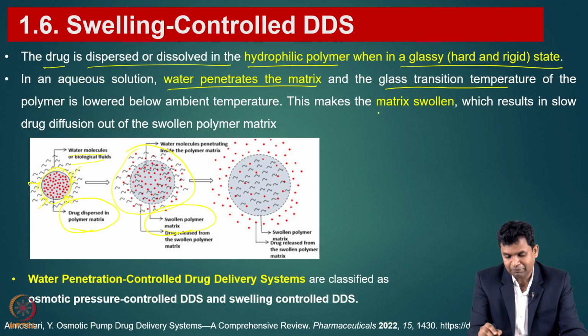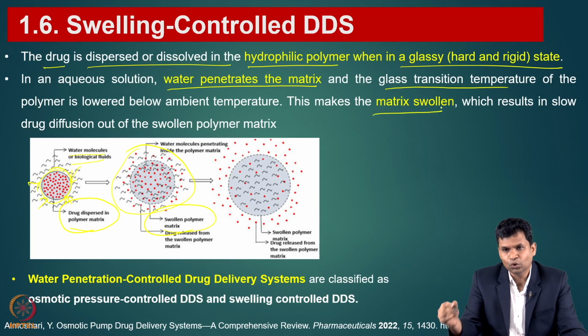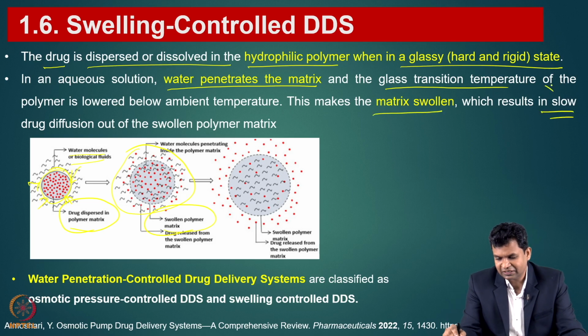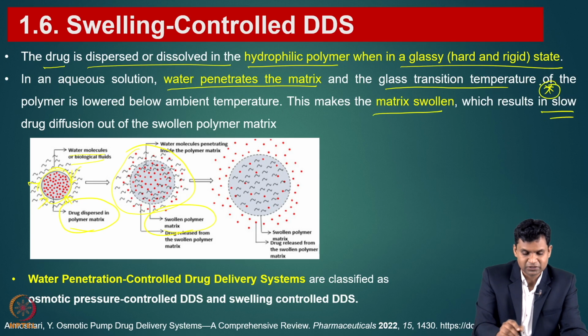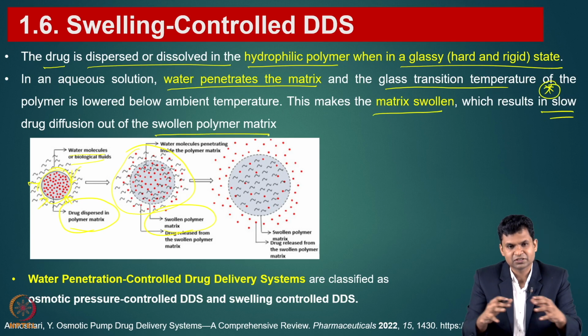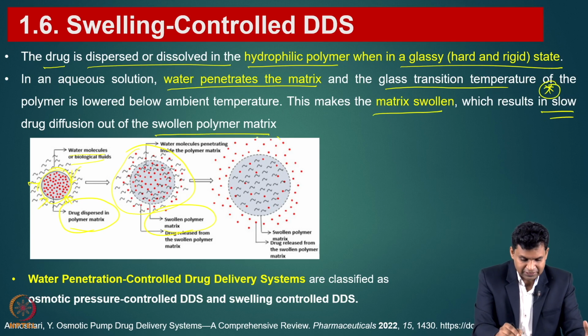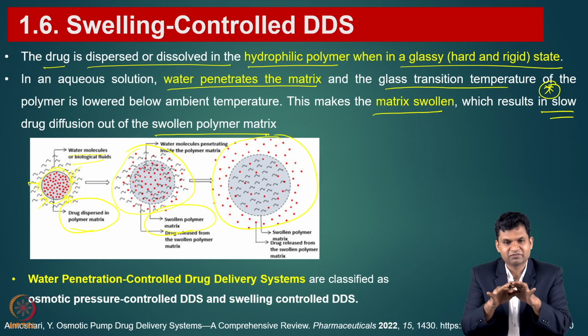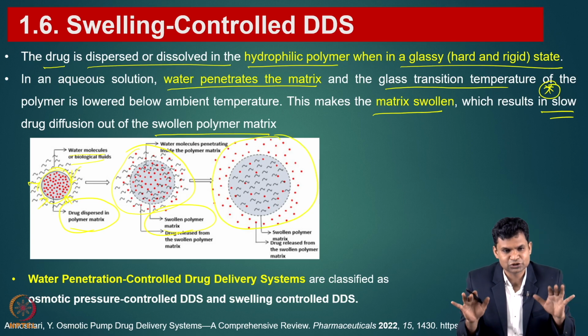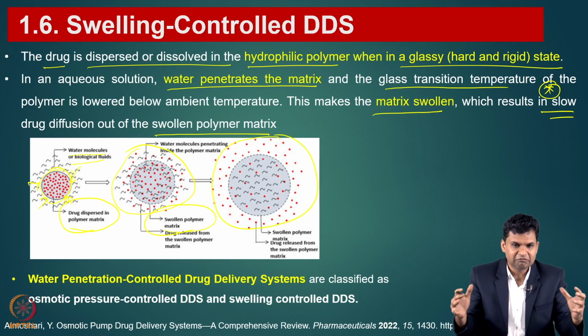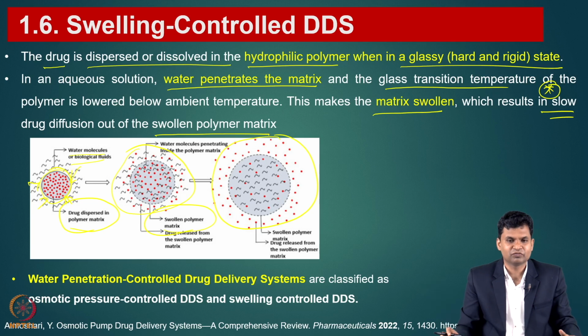Then your matrix swells and slowly the drug is released from the polymeric system. At a certain point your polymer swelling will stop, and that leads to the further controlled release of your formulation.